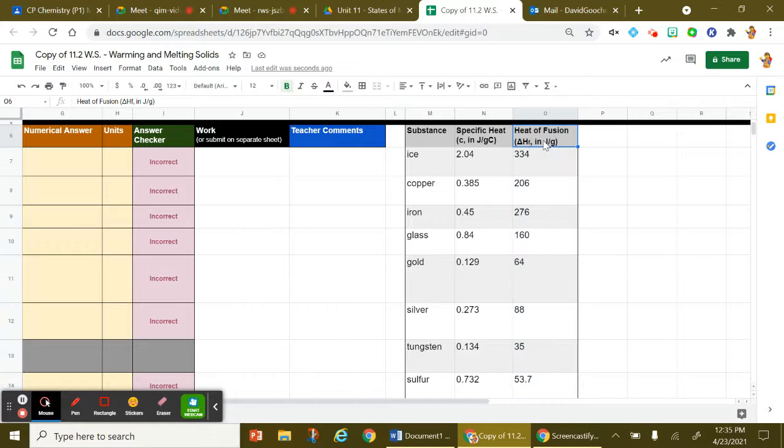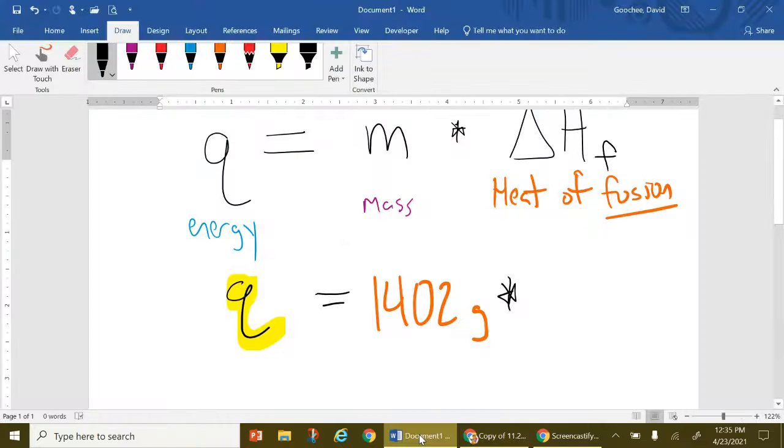It's how many joules you need to melt 1 gram. And for ice, it takes 334 joules to melt 1 gram. So it's just 1,402 grams times 334 joules per gram that you melt. You just multiply them together.